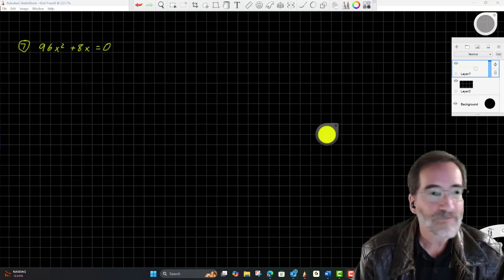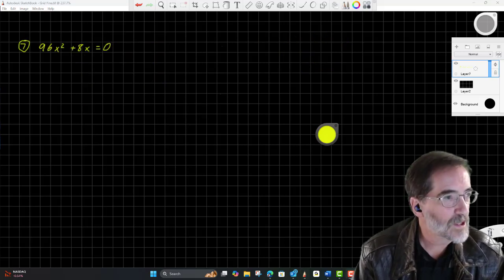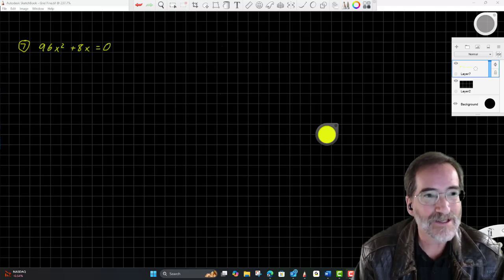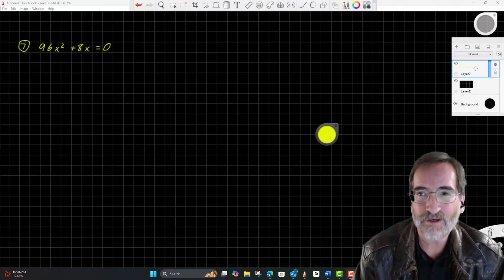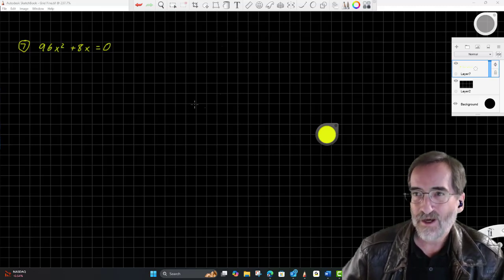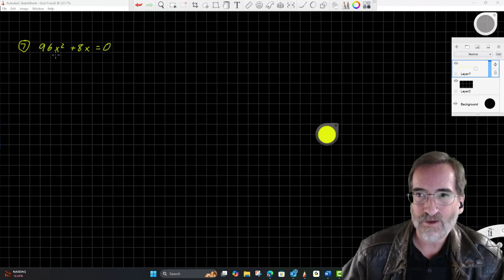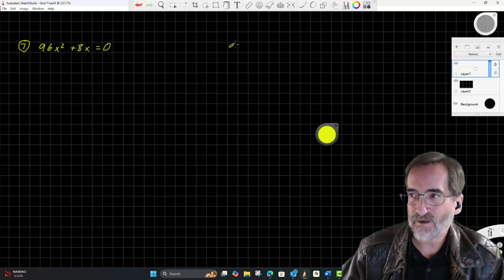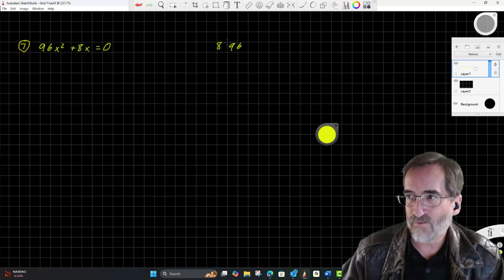Number 7. Solve the quadratic equation by factoring out the GCF. That's the greatest common factor. In this particular case, you'll notice there's no constant term. So both terms have an x, and that suggests I can factor out an x. What's not as clear is what else I can factor out. Now you might check and see if 8 divides evenly into 96. 96 divided by 8 goes once, 1 left over, 12.